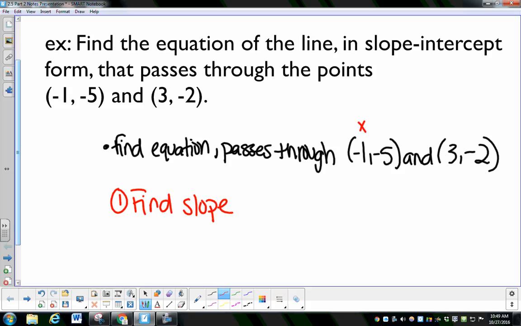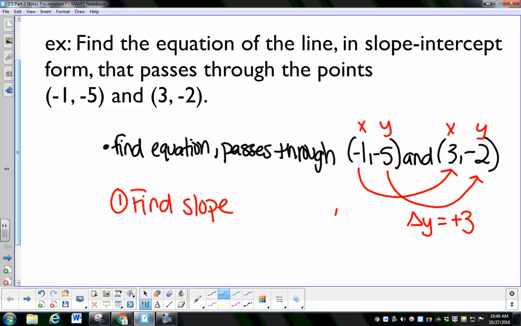To find our change in y, we see how far it is to go from -5 up to -2. That change in y is going up 3, or +3. Our change in x is going from -1 all the way up to +3, so our change in x is +4.